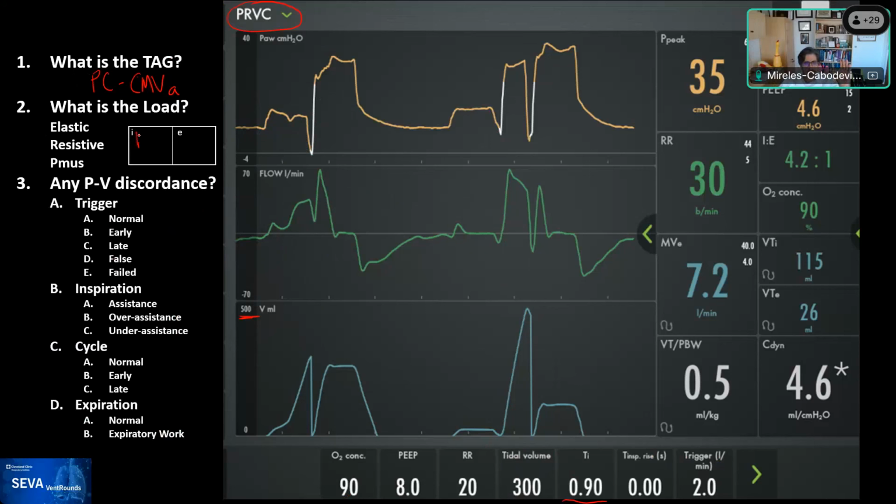I absolutely agree. But there's also a little rule that sometimes you can use to see when there's no PMUS. Is there any breath where you don't see any PMUS of the inspiration? I'm naming them 1, 2, 3, 4, and 5.